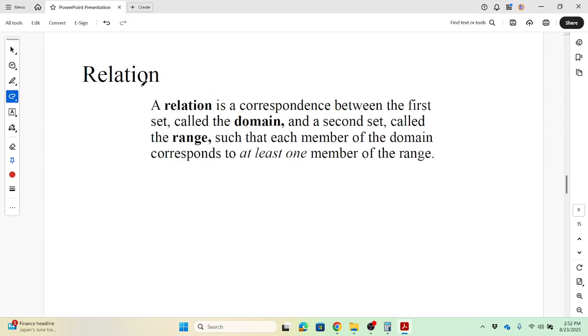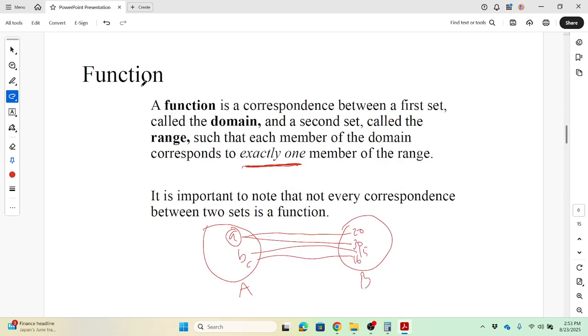So after function, relation. A relation is also a correspondence between the first set called the domain and the second set called the range, such that each member of the domain corresponds to at least one member of the range. So keep in mind the difference between these two definitions. Here it's exactly one.